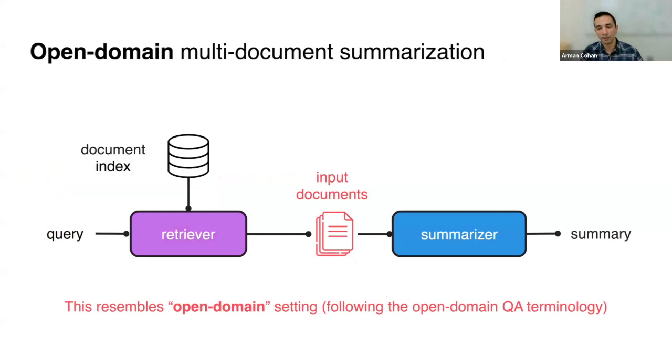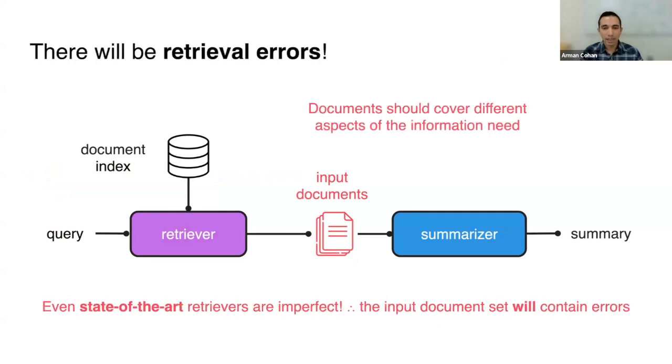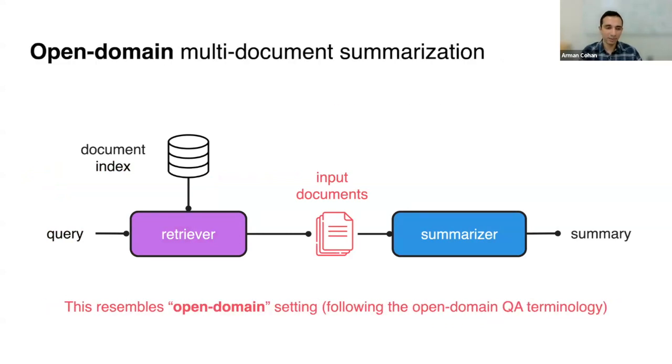where you want to generate some sort of summary starting just from a user query. And this is a little bit different from classic IR, because in classic IR, the goal is to rank documents that best describe a query. However, here we want to go all the way down to a summary that briefly describes what a user wants.